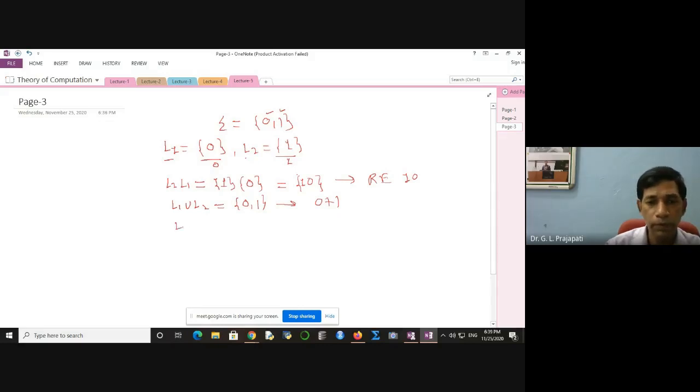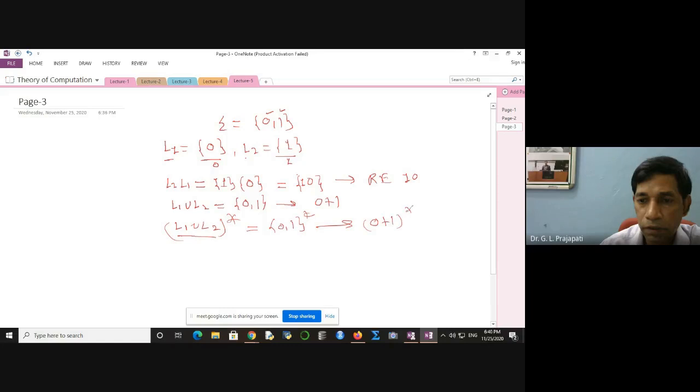Somebody may say, okay, further you take L1 union L2 and make the Kleene star of this. This is one resulting regular language. Once you make the Kleene star, you have 0, 1 Kleene star, and similarly the regular expression for this is (0 plus 1) Kleene star.